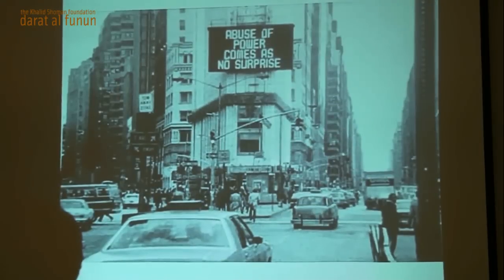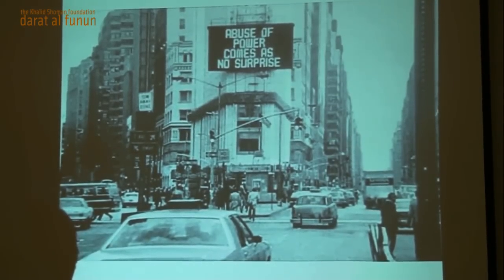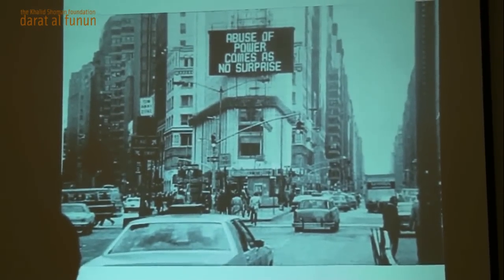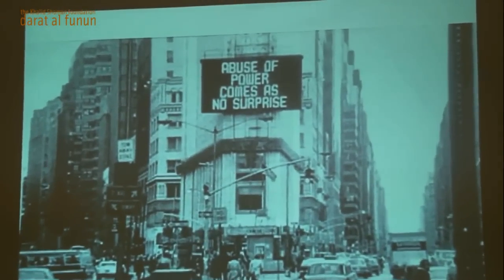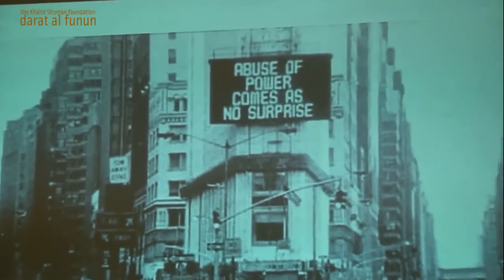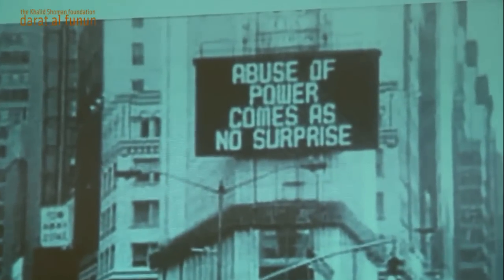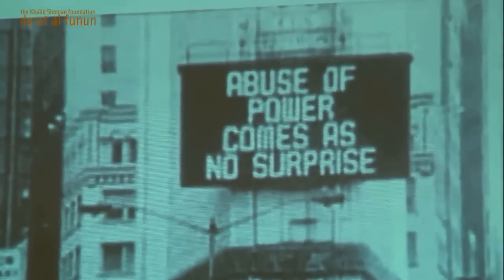Another artist that has to be mentioned is Jenny Holzer. It's the end of the 70s, obviously we're coming to the 80s. Jenny Holzer started with a series of what she called truisms. And instead of in the gallery, she took it all outside. She used it on windowsills, and this is Times Square.